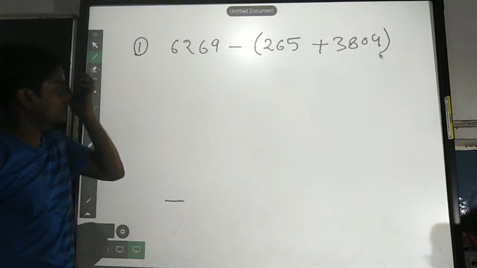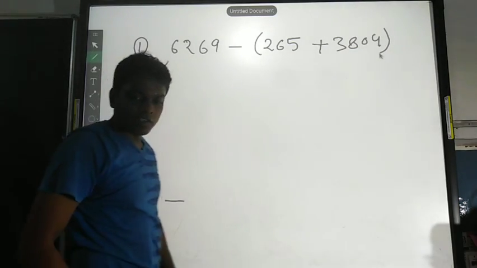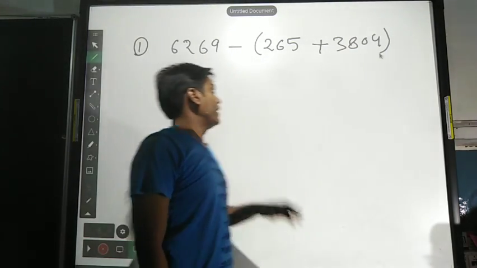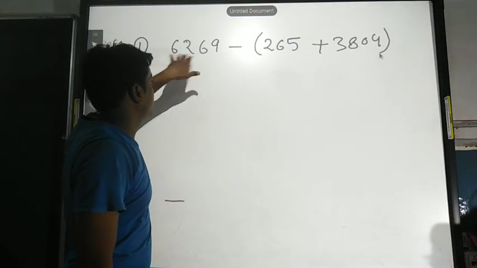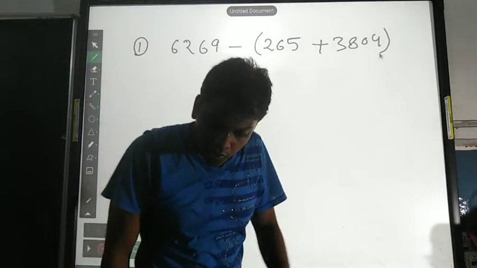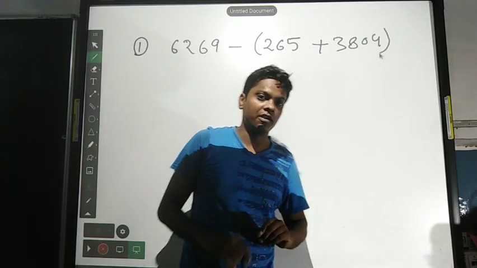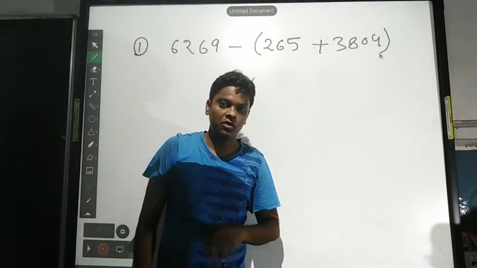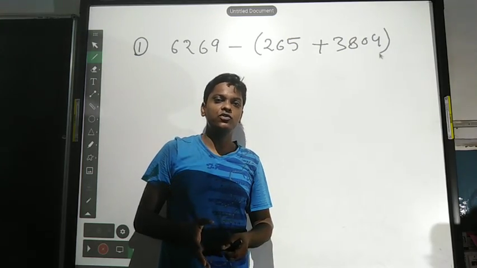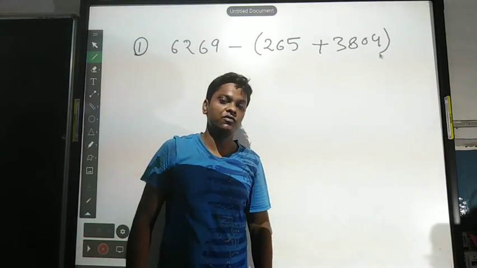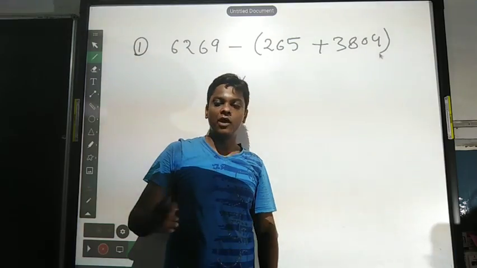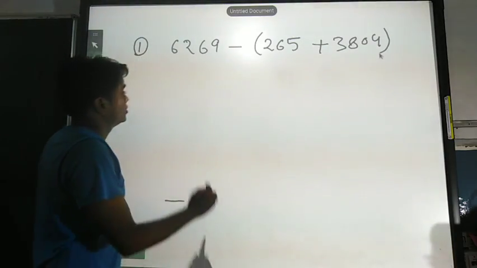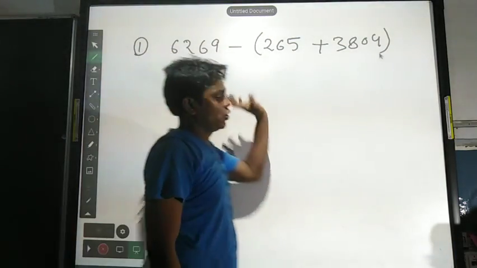See, this is the first question of your exercise 4.1, and I have changed this number. In your book 4869 is given. You can change that number to 6269, otherwise you will get confused with the answers given at the back of the book. Okay, so this is your question.